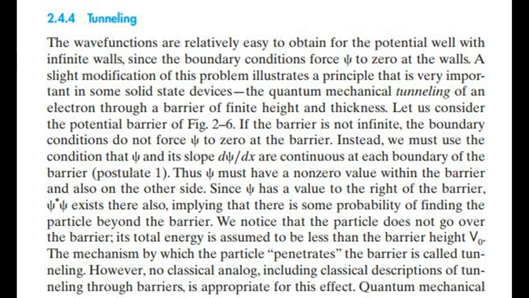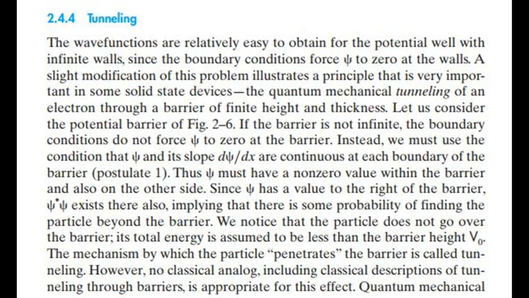If the barrier is not infinite, the boundary conditions do not force ψ to 0 at the barrier. Instead, we must use the condition that ψ and its slope dψ/dx are continuous at each boundary of the barrier, postulate 1. Thus ψ must have a non-zero value within the barrier and also on the other side. Since ψ has a value to the right of the barrier, ψ*ψ exists there also, implying that there is some probability of finding the particle beyond the barrier.